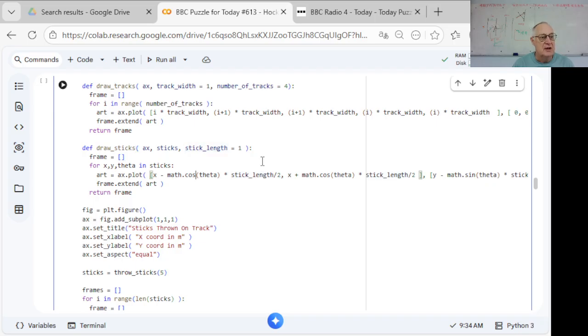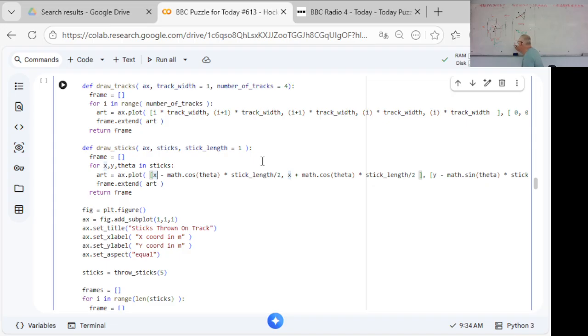So for every stick, if x and y is the coordinate, then it starts at, then we can sort of think of this as the center of the stick, and this is the angle, theta. So at pi over 2, this would be that point, right?